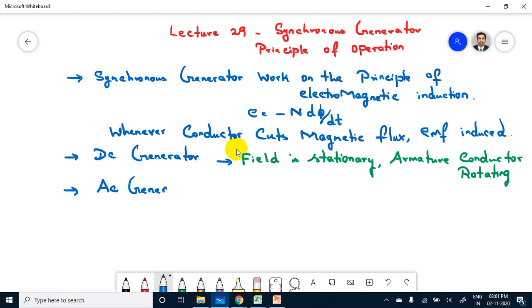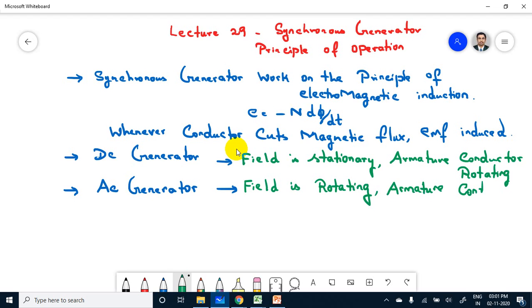It is a synchronous generator, or we can say it is an alternator. So if we operate this AC generator, the field is rotating, but the armature conductor is stationary. Stationary. Okay, the armature conductor is stationary.